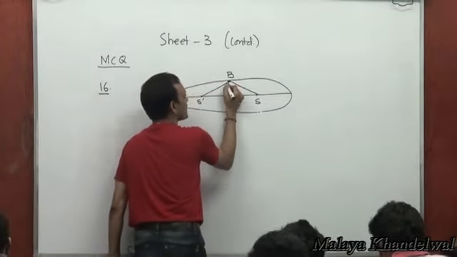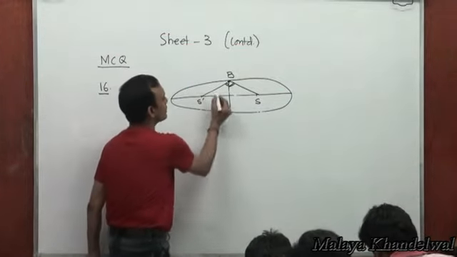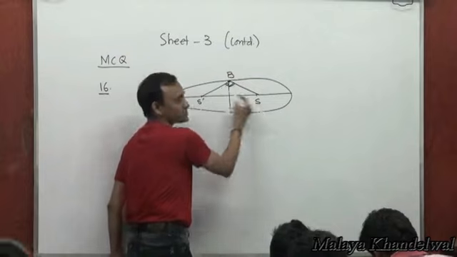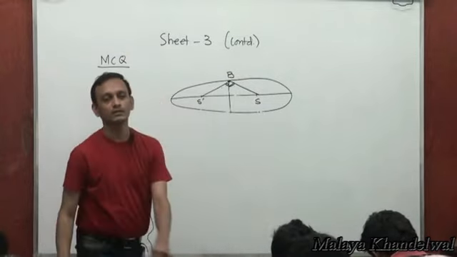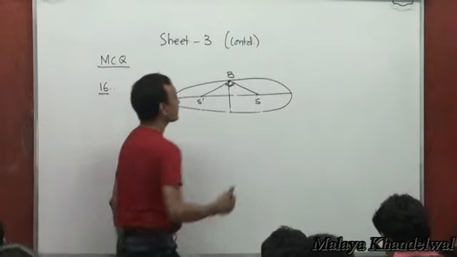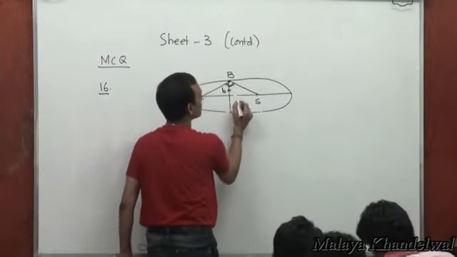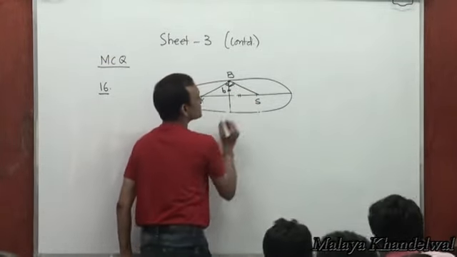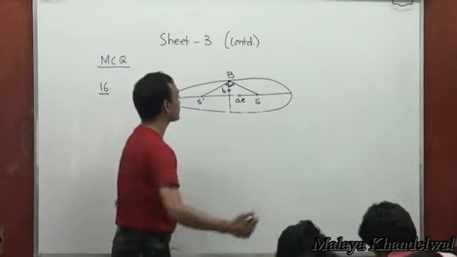Which means this angle is 45 degrees, this angle is 45 degrees. Since S and S prime are symmetrically located, this is 45 degrees on either side, right? We need to find the eccentricity of the ellipse. So this is the semi-minor axis. This is AE. A is the semi-major axis, E is the eccentricity of the ellipse.